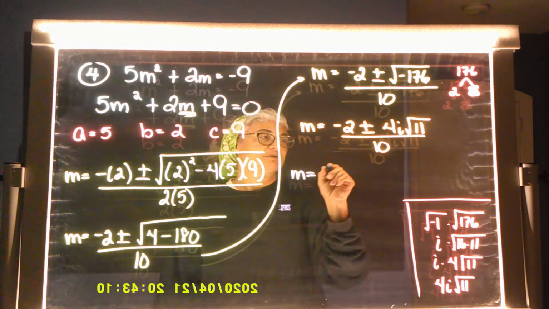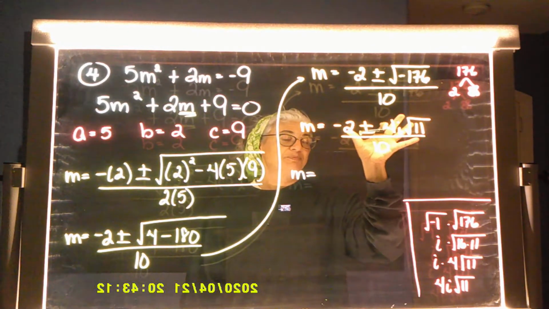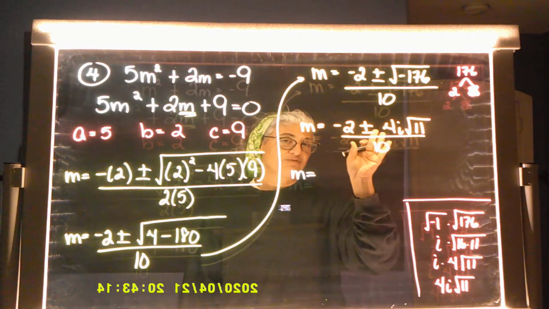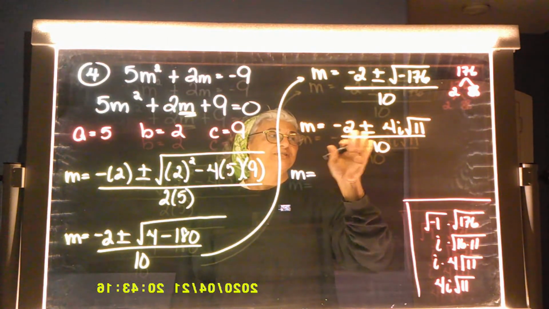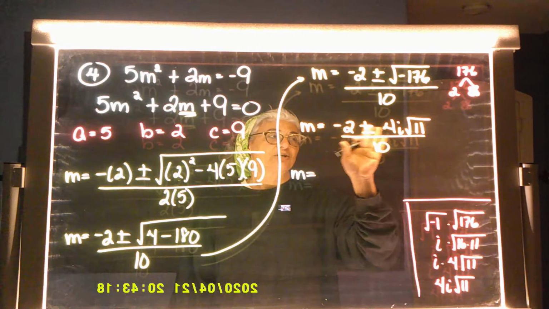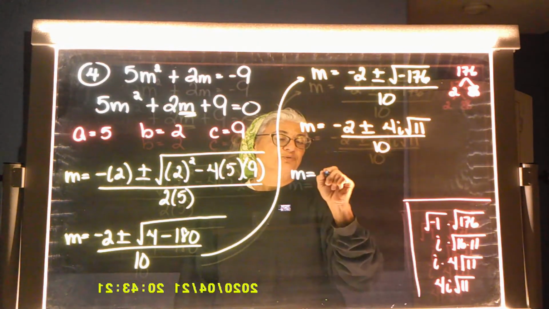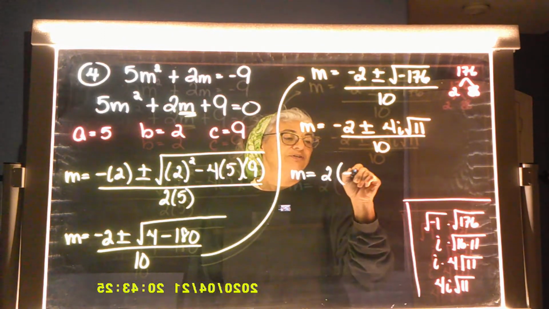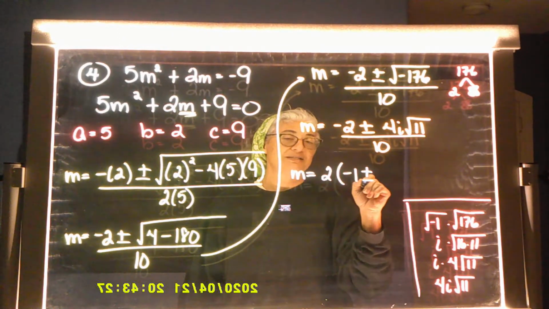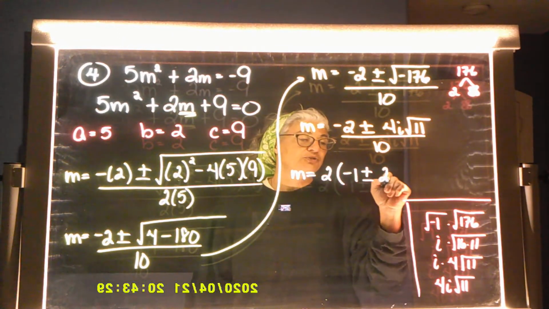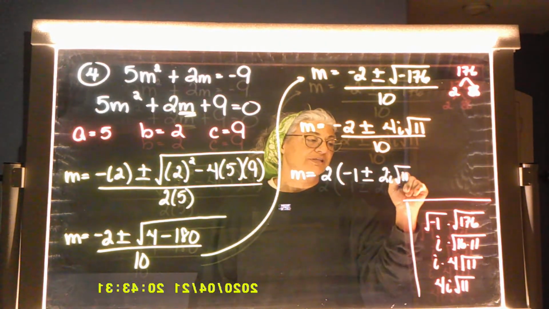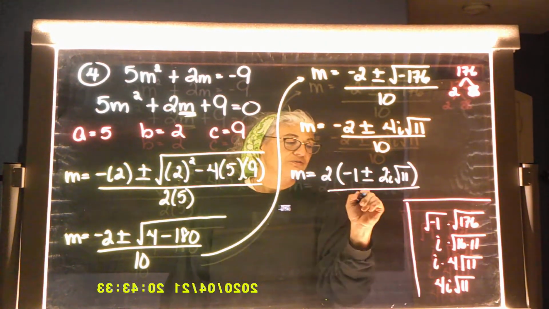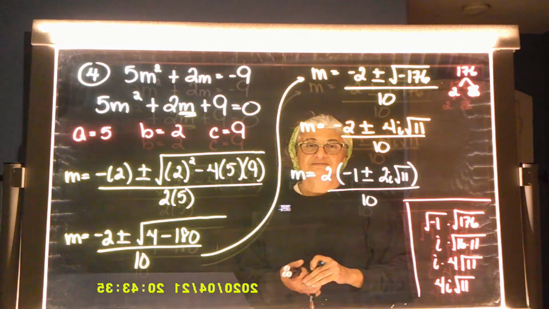All right, so remember, the only way to cancel a fraction like this is to have multiplication. So I'm noticing that a 2 goes into both terms in the numerator. If I factor out the 2 from the numerator, I'm left with negative 1 plus or minus 2i times the square root of 11 all over 10.